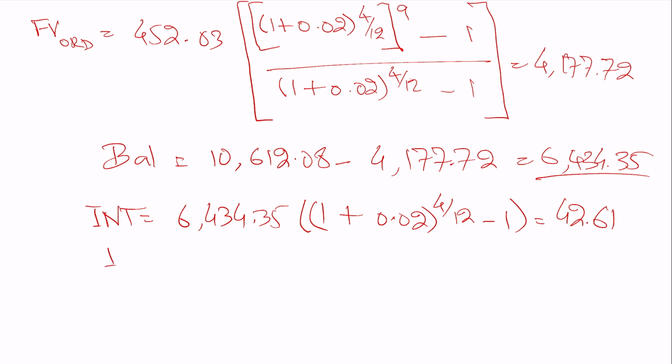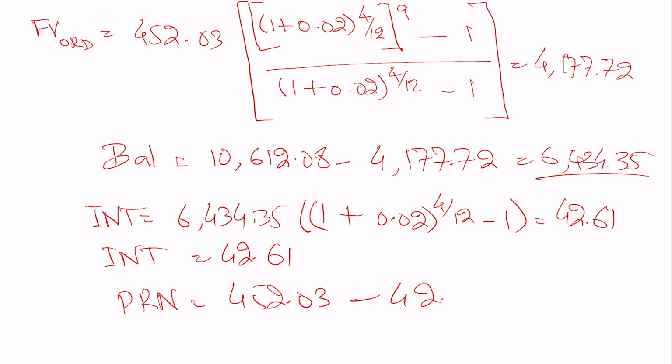Now interest is 42.61. So PRN, principal, is PMT, which is 452.03 minus 42.61. So that is going to be 409.42.